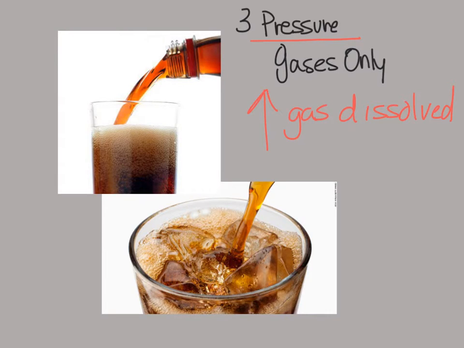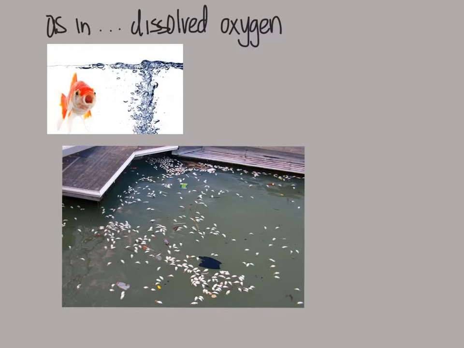This has another effect. The other application, which is a big deal, is the dissolved oxygen in lakes and ponds for fish. Fish breathe the oxygen from the water in through their gills, and that's what they live on. Now, typically, water will hold a certain amount of oxygen, and it's a different amount depending on the temperature.